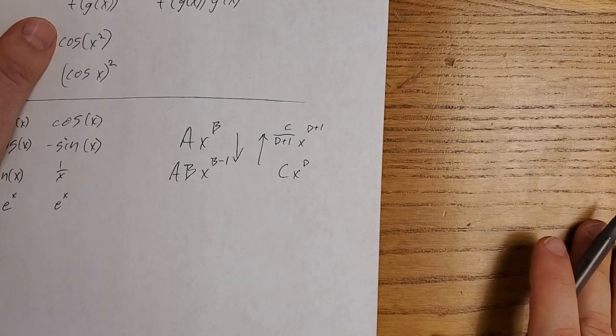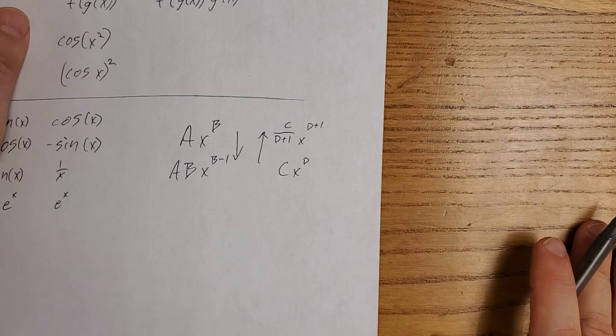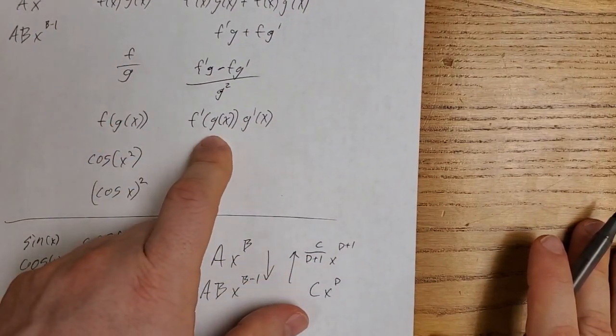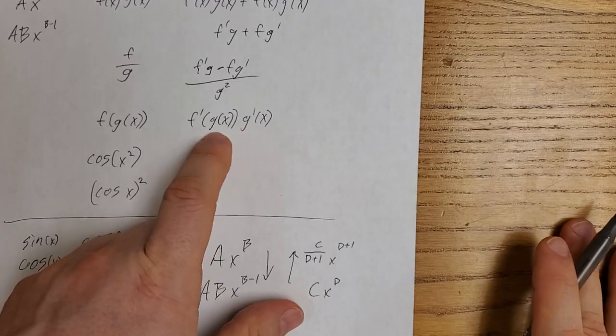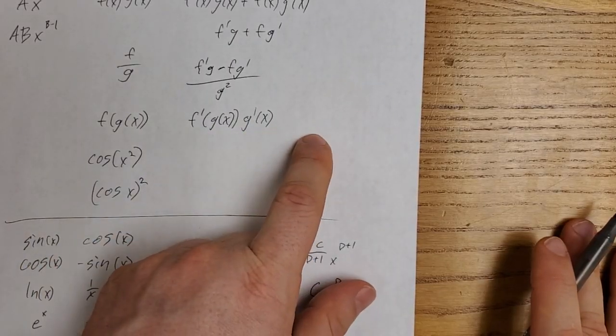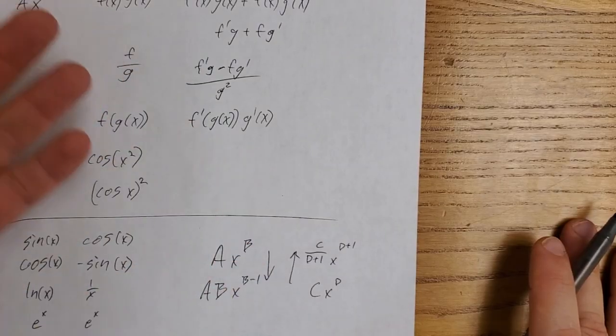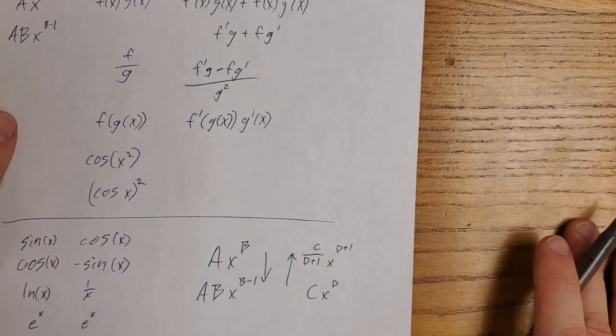And then we had a couple of problems where they gave us something that was the result of the chain rule and said, find the integral of that, find the antiderivative, do it in reverse.